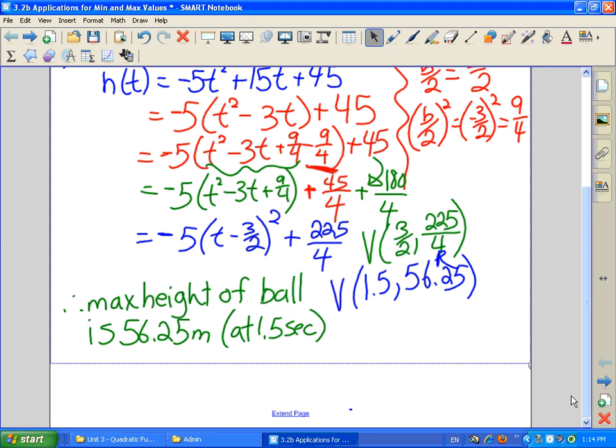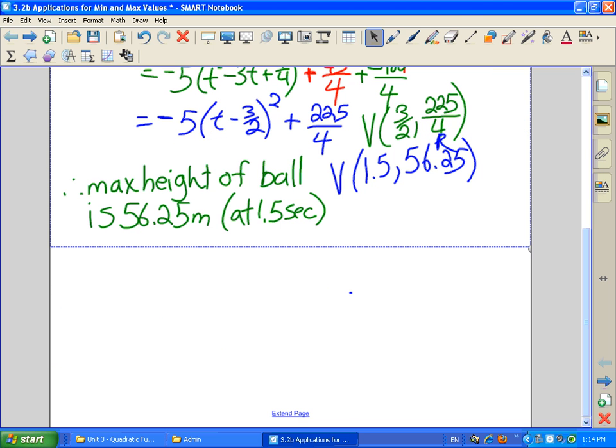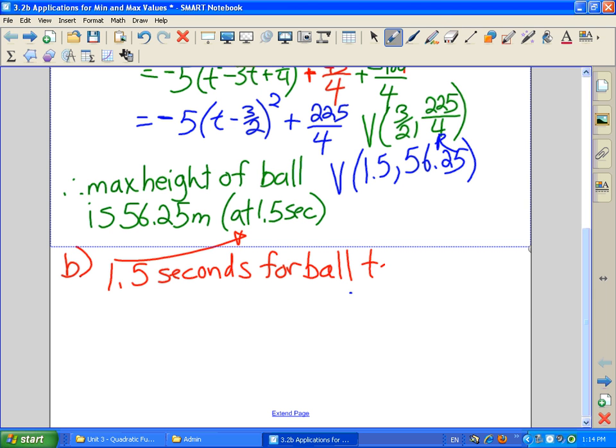Which in fact, ladies and gentlemen, if you take a look at question B, B says, how long does it take the ball to reach its maximum height? We just answered it there. It's the first part of your vertex. So it takes 1.5 seconds for a ball to reach maximum height.